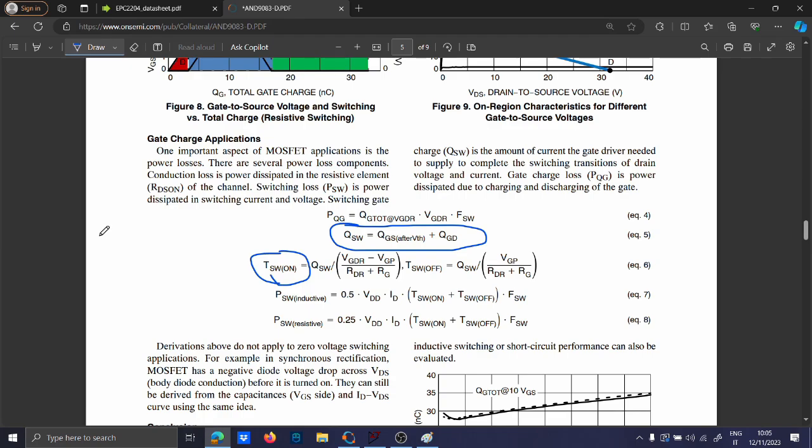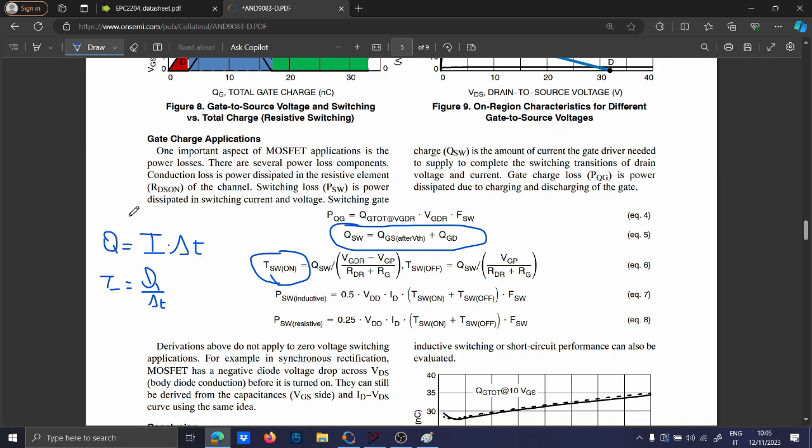The current, by definition, is Q over delta t, the charge flowing in time, coulombs per second.